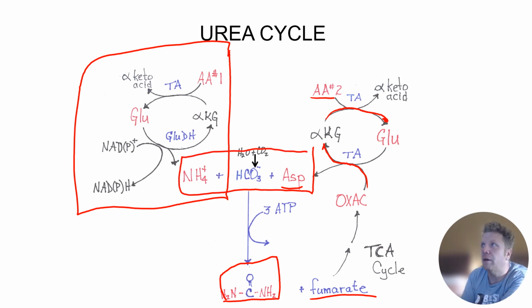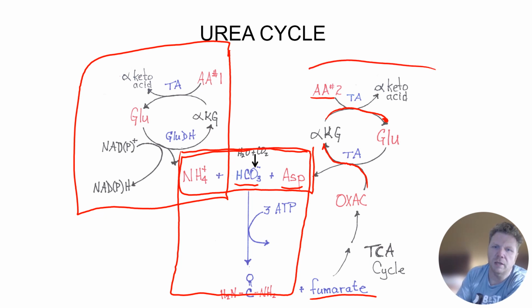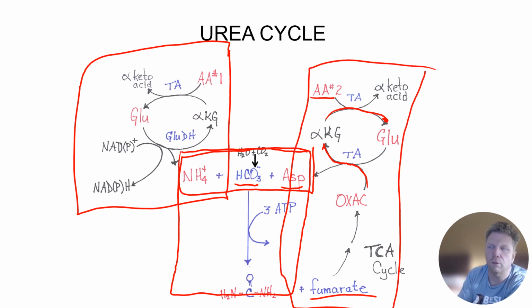Once in the mitochondria, that NH4 is going to react with HCO3- and aspartate. Then that is kind of my day 2 thing, and my day 3 is going to be getting that into form my urea. Then the last part is basically the components that lead to the regeneration of that glutamate so that reaction can continue taking place. So this is definitely kind of an action-packed pathway.